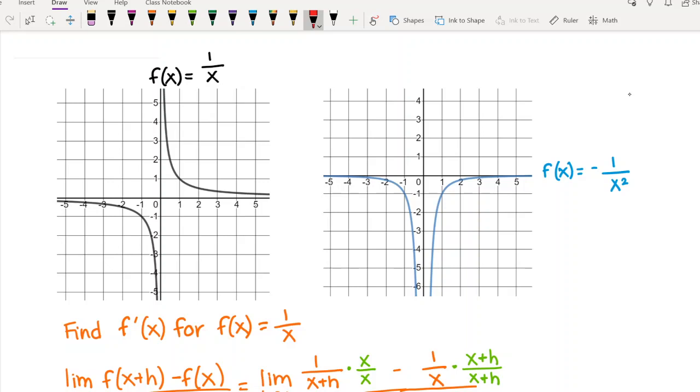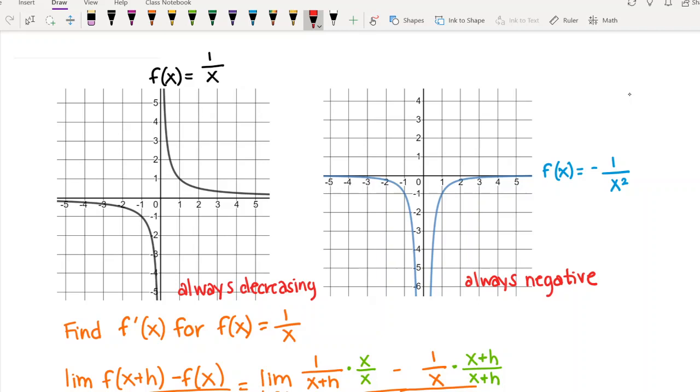So in other words, this function is always decreasing. There's no part of this graph where it's actually going up from left to right. And so that fits with the fact that the derivative function is always negative. If the derivative was ever positive, that would suggest that the original function would have a positive tangent line, which it doesn't.